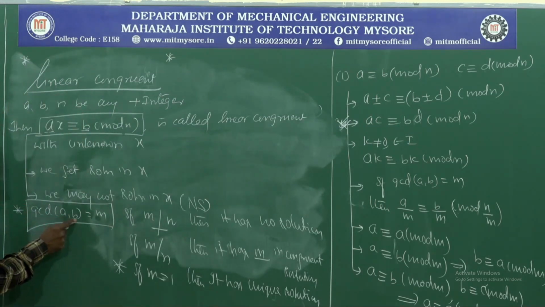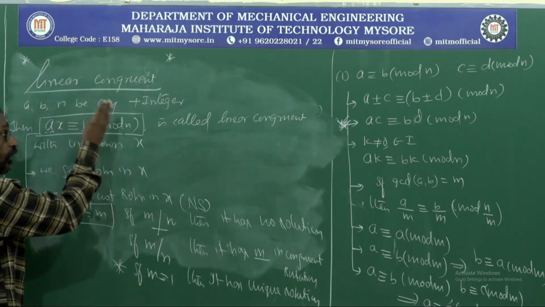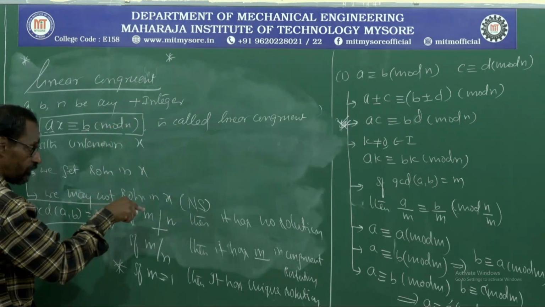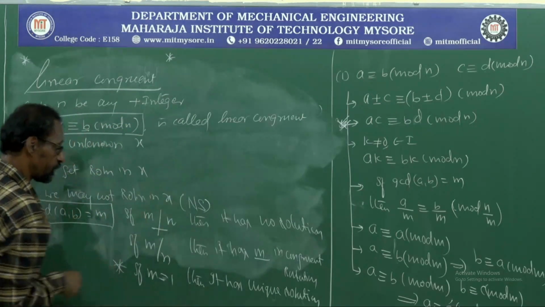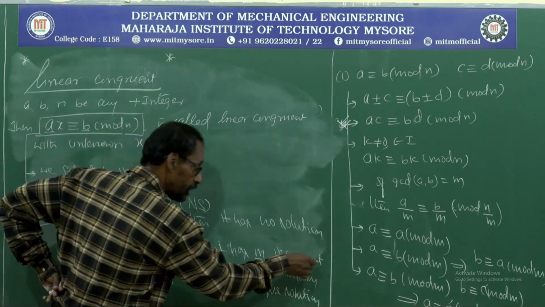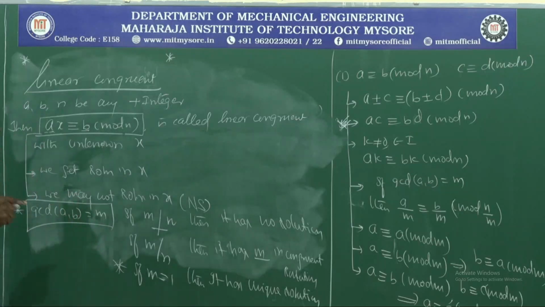Get the GCD of A comma B, say it is going to be M. If M does not divide n, then it has no solution. If M divides n, then it has M incongruent solutions. I will show you how exactly the incongruent solutions can be found.